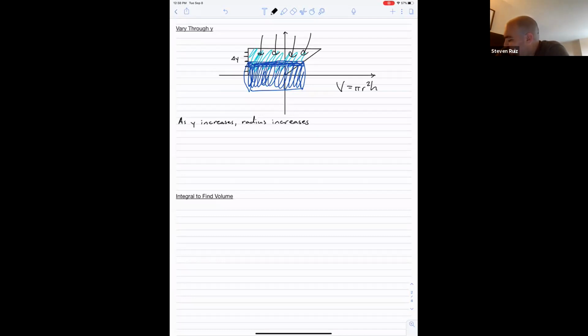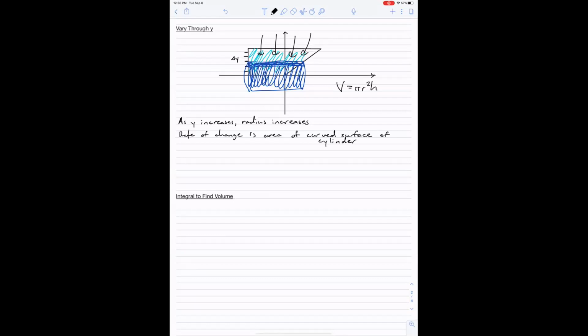So having said that, our rate of change is the area of the curved surface. How do we find the area of that curved surface? 2 pi RH.